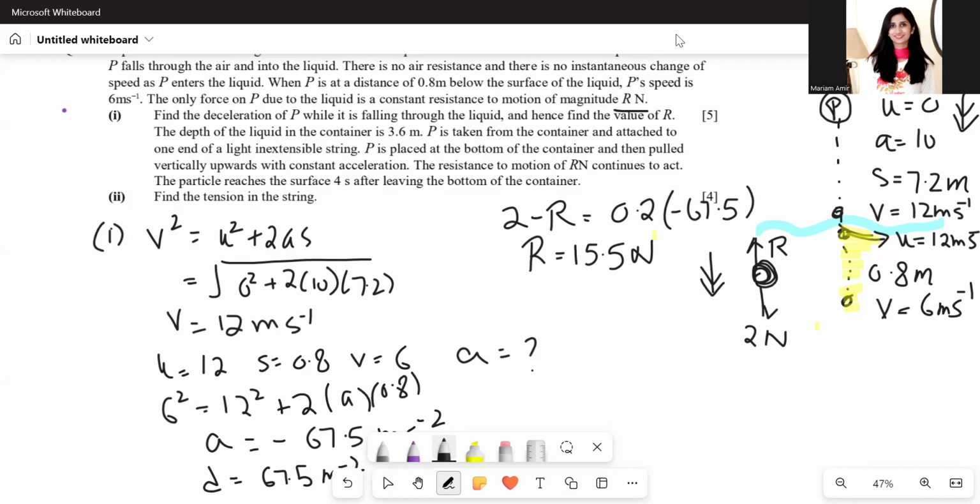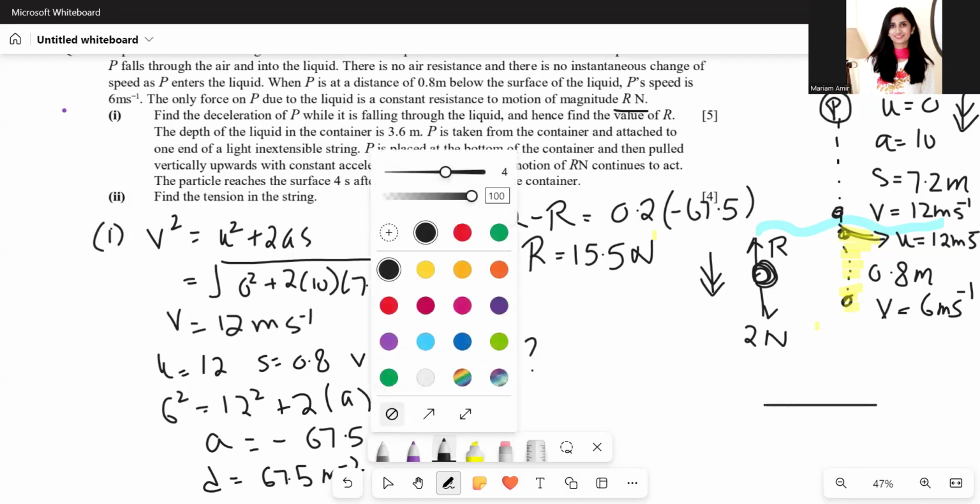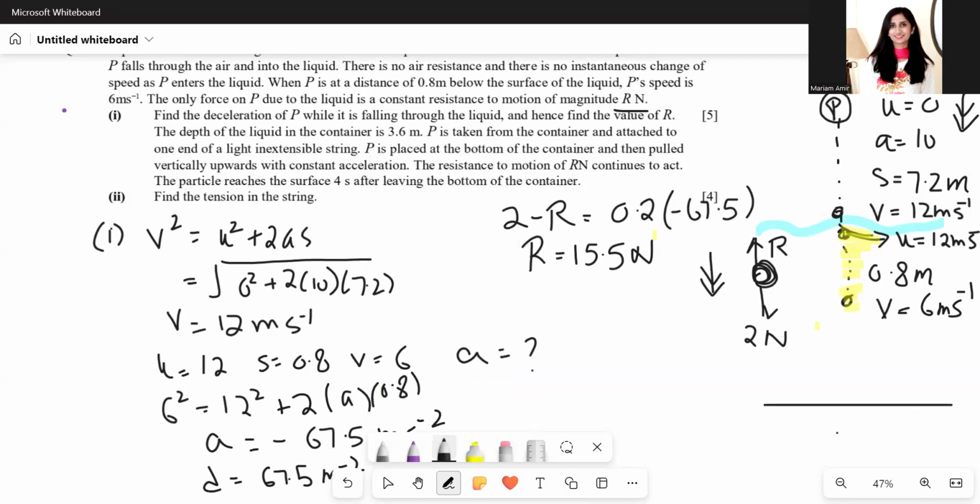The depth of the liquid in the container is 3.6 meters. So this total depth is 3.6 meters. P is taken from the container and attached to one end of a light inextensible string.